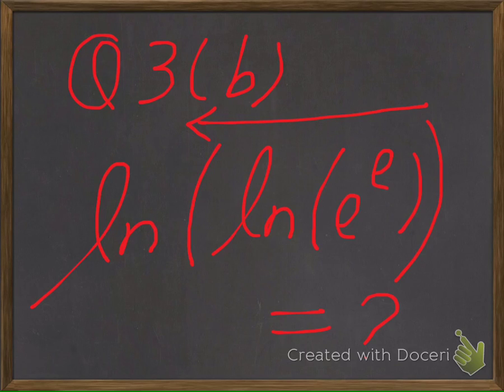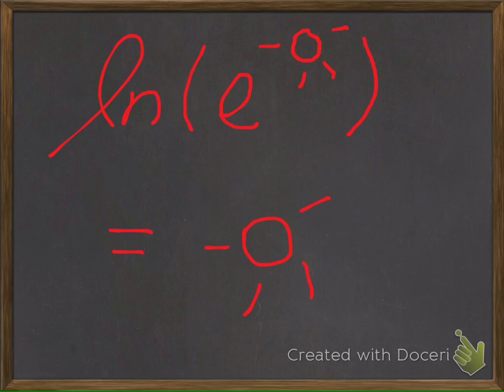Question 3b. Double ln, then e power e. When we solve the question, it should be from right to left, namely from inside to outside. Solve ln e^e: ln e to the power of anything equals that thing.